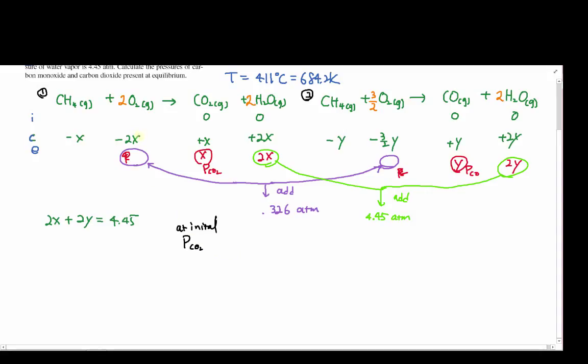Okay, so we want to find these guys. Then we can add this and add that, and finally set that equal to 0.326. Then we have two equations, two unknown variables, and we can find the answer.